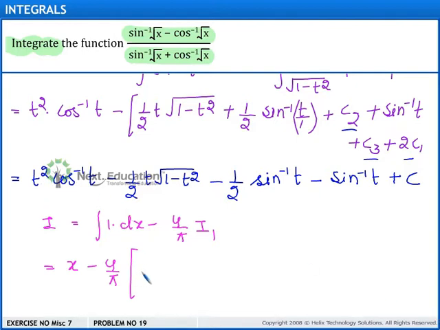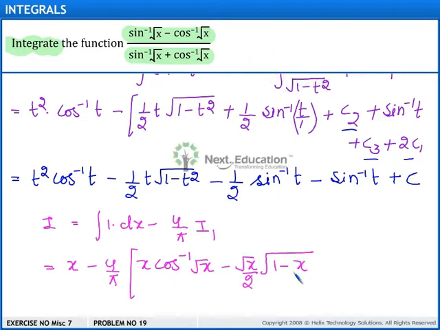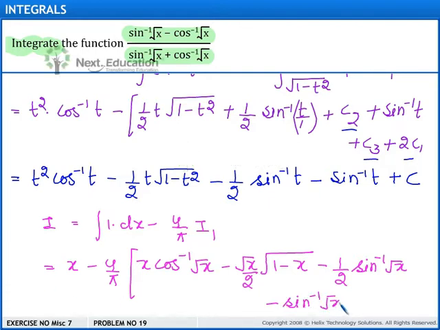So here we have root x whole square. That gives x into cos inverse root x minus root x divided by 2 into square root of 1 minus t square, that is x, minus half into sine inverse root x minus sine inverse root x plus the constant.